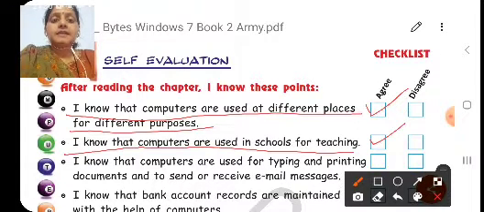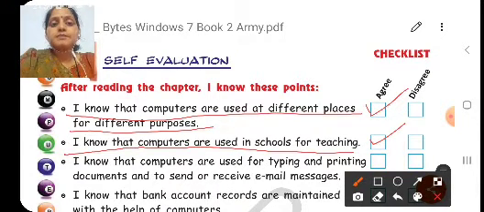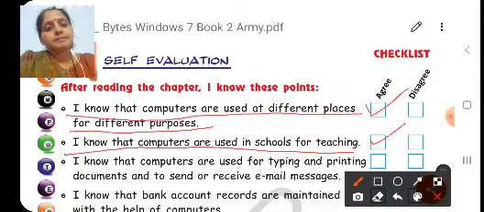Then I know that computers are used for typing and printing documents and to send and receive email messages. So children, as you know, in offices computers are used for typing and printing documents. Computers को use करके हम documents को type करते हैं और उसके बाद print करते हैं.